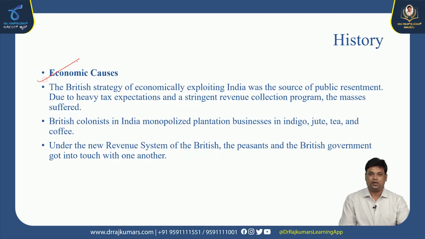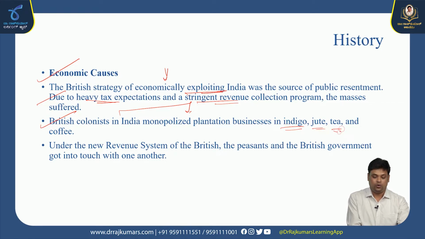The British always came up with great strategies for economically exploiting the Indians. There was public resentment due to heavy taxes and a stringent revenue collection program introduced by the British. The British colonies in India monopolized the plantation business in indigo, jute, tea and also coffee.